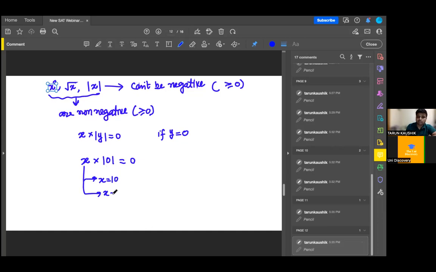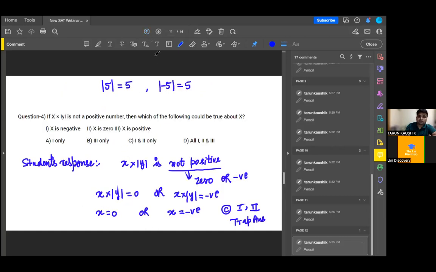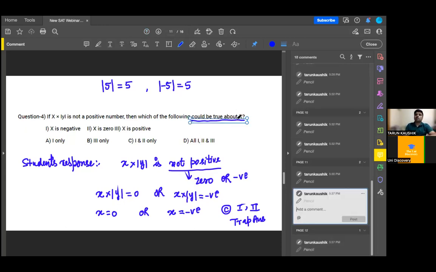If somebody takes x as negative 20, negative 20 into 0 is 0. A third person took x equal to 0. Again, the product is 0. If we go back to the question, he's asking which of the following could be true about x. Could be true means you need to figure out every possibility which might be available on the number line for the variable x.